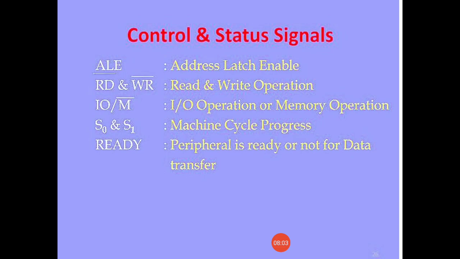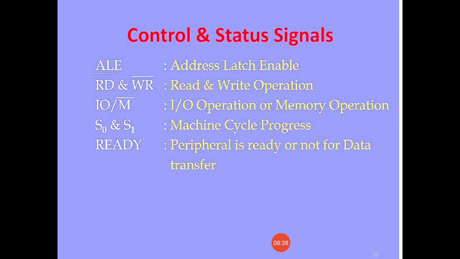The microprocessor examines the READY signal before it performs a data transfer operation. When READY is high, it indicates that the input or output device is ready to send or receive data. When READY is low, the microprocessor waits till READY becomes high. The microprocessor examines the status of the READY signal in the second clock of the machine cycle.